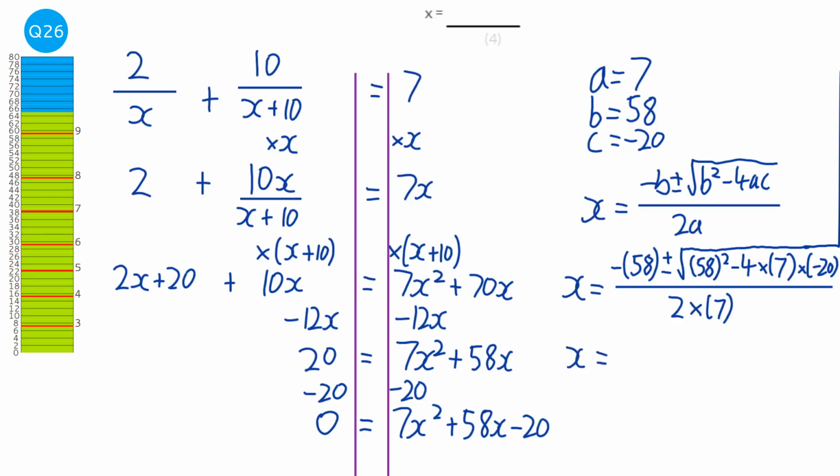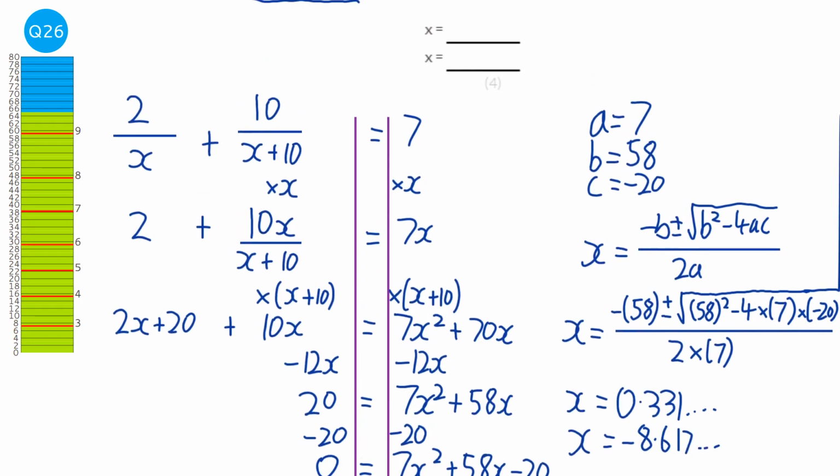So you get your calculator out, type all that out, and you should get 0.331, etc. And then on your calculator, you go back to that plus and change it to a minus, and you should get minus 8.617, blah, blah, blah. Rounded too early there. And then when you round those, you should get 0.33 to 2 decimal places, and the other one will be minus 8.62 to 2 decimal places.